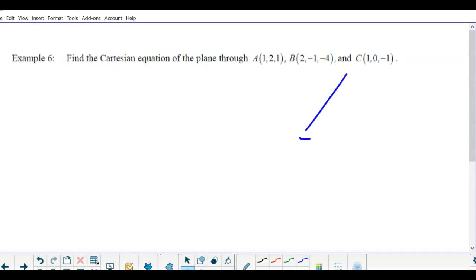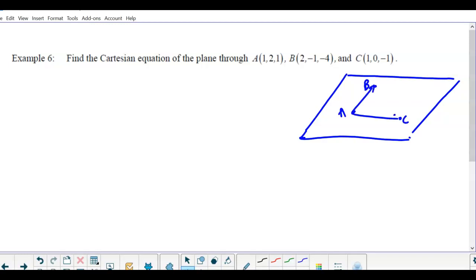Okay, so we might want to think about what that looks like. We have A, B, C. AB and AC. It doesn't matter, you don't have to do those, you can do BC and BA or whatever. But remember, this as a vector is from the origin up to that point.